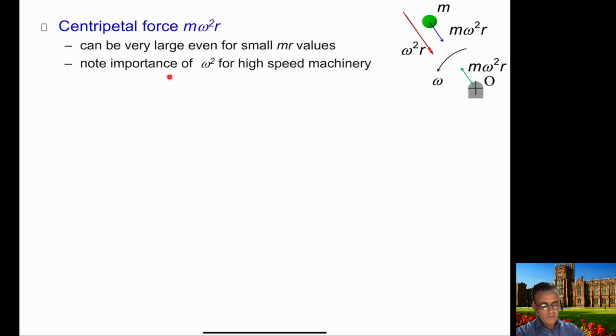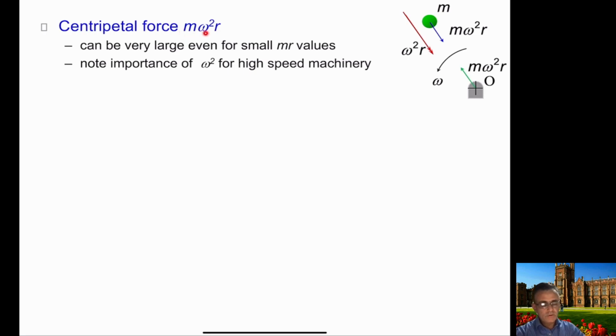Okay, so now this centripetal force, which is m omega square r, as you can see in this figure here, can be very large, even for small m and r values. The reason is that this equation depends on three parameters: m, r, and omega square.